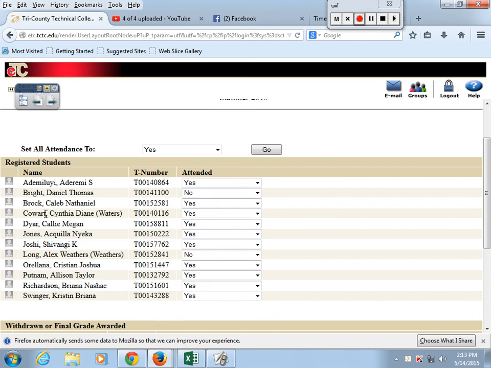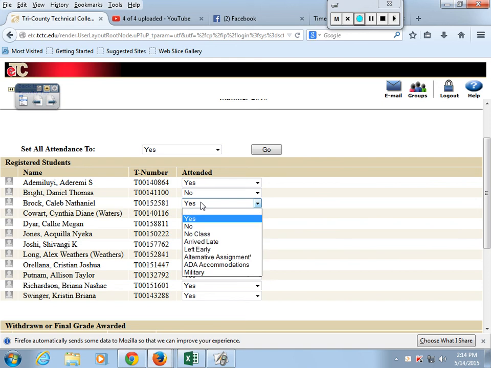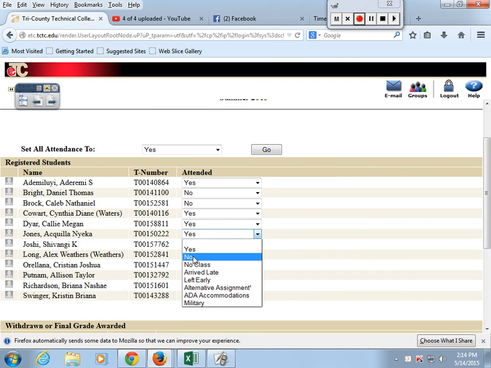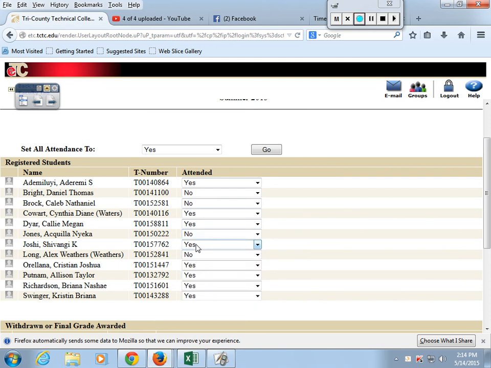But somebody still is not here. Brock? Cowart's here. Dyer? Jones? Evidently it's Jones. Josie's here. Long is not here. Oriana, you're in the back. Putnam, Richardson, and Swinger. Okay.